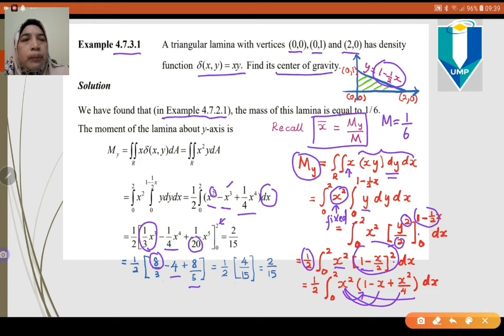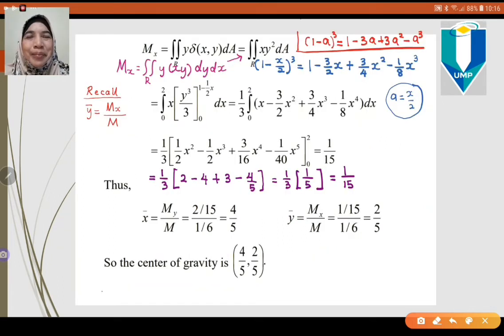So you simplify, you will get half. 4 over 15 cancels off 2 and 4 here, will give 2 over 15. So that will give you the value of moment about the y-axis.